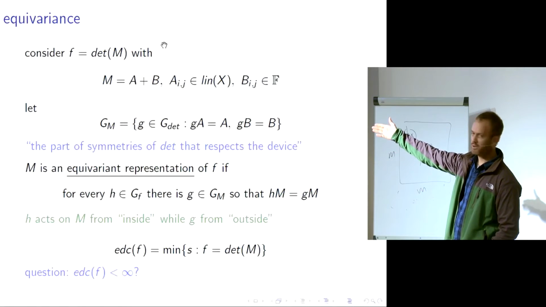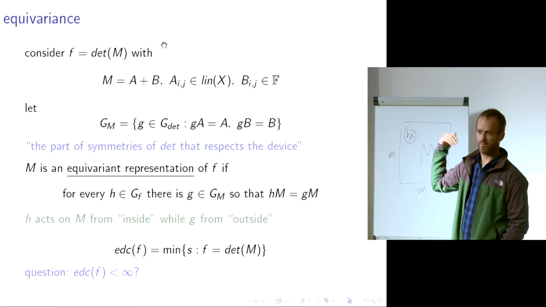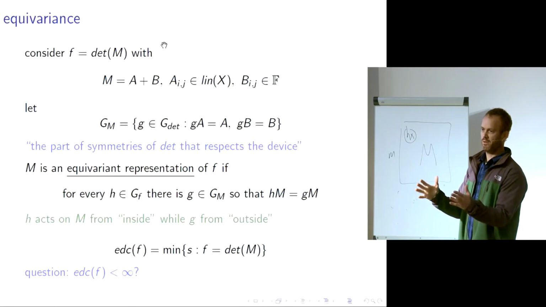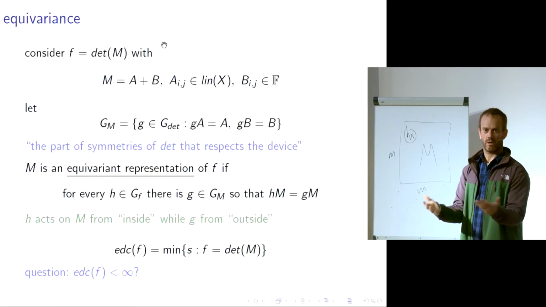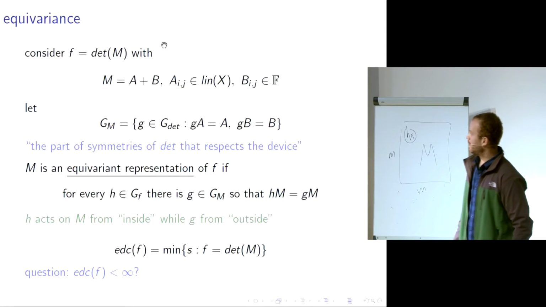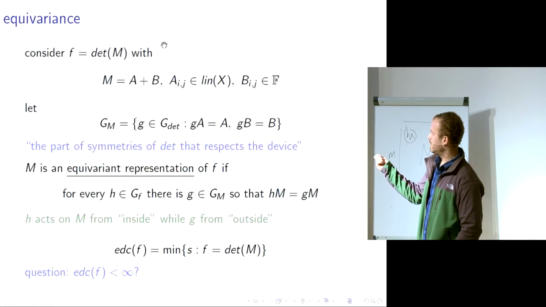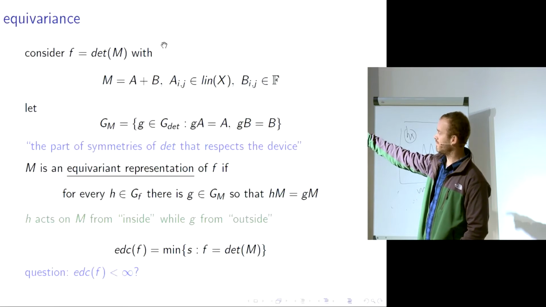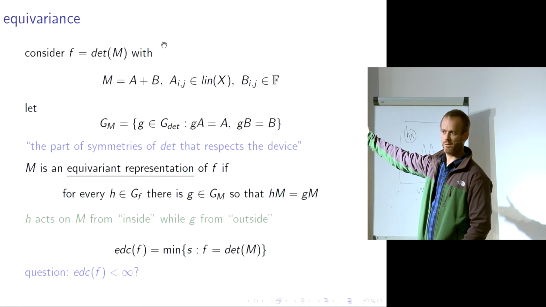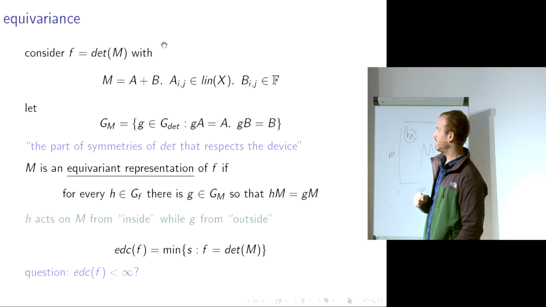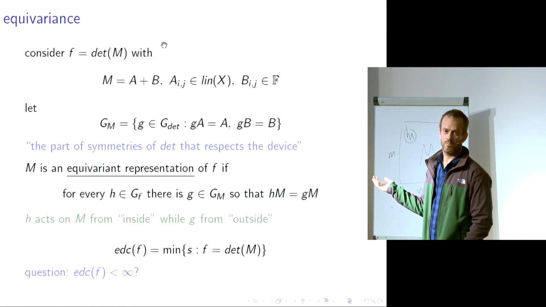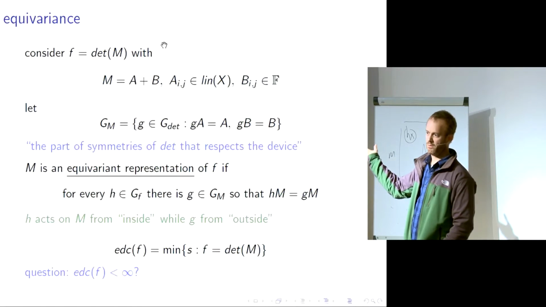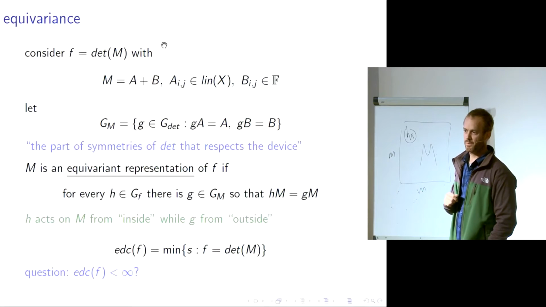This number is not smaller than the previous definition because the devices are more restricted, so it's harder to compute. And in fact, I don't know, and I think they also don't know, if such a thing can compute any polynomial, if this number is finite. So I think this is a nice question to think about.